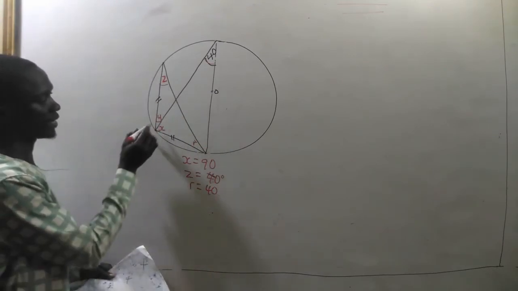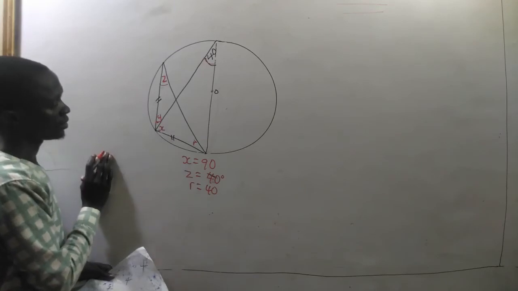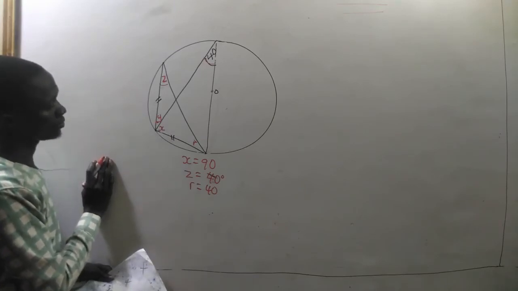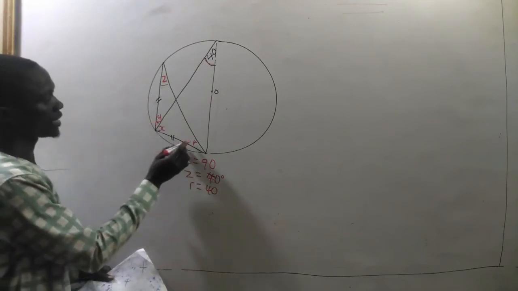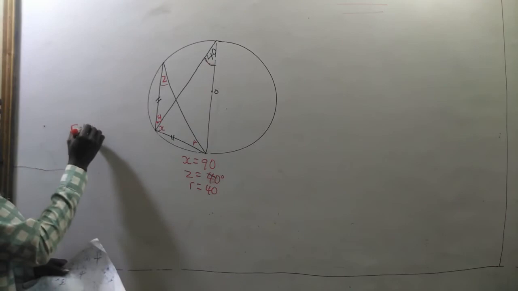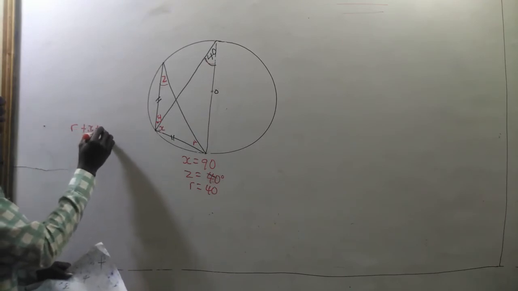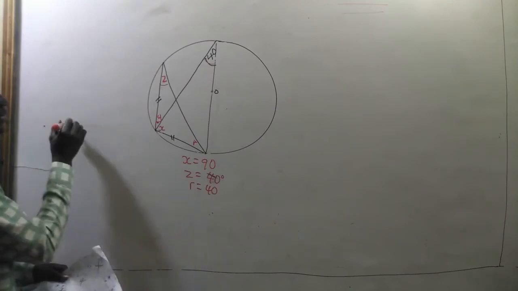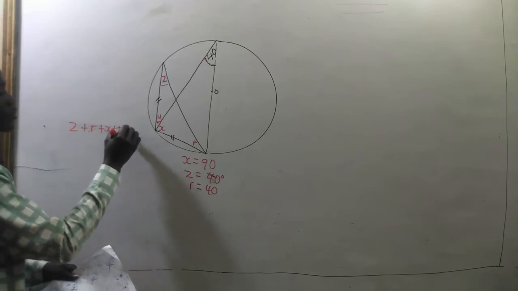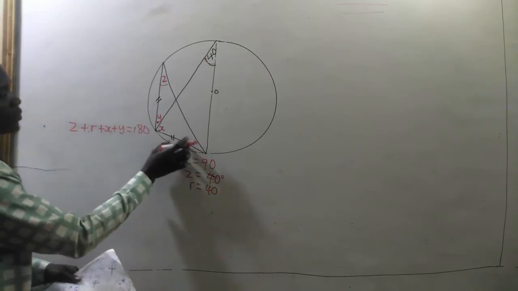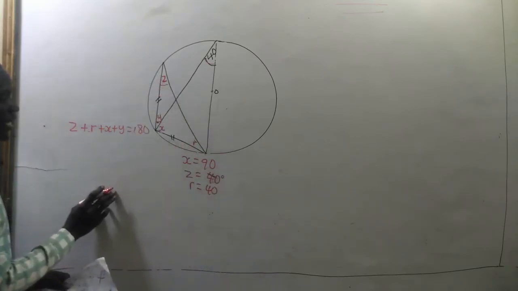Now we are left with finding y. So we take z plus r plus x plus y equal to 180. That is the sum of the angles in the triangle.